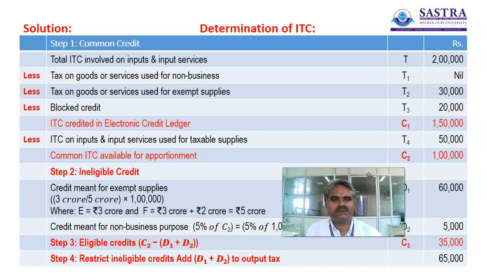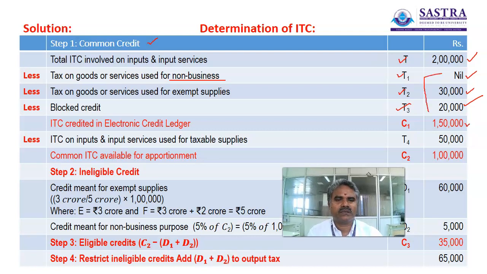Now we see determination of ITC. Common credit. Total ITC T. Tax on goods or services used for non-business purpose T1 nil. Tax on goods or services used for exempt T2 30,000. Blocked credit T3 20,000. So ITC credited in electronic ledger C1.